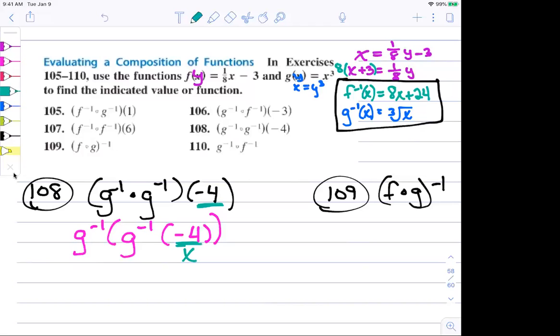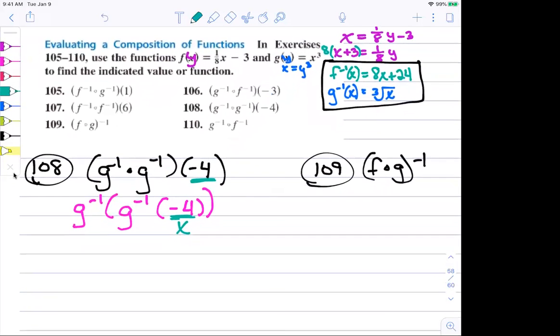So if I start evaluating this problem, we have a -4 that we're going to replace for x. Well, that -4 goes in the inverse for g because I'm using my inverse function for g.